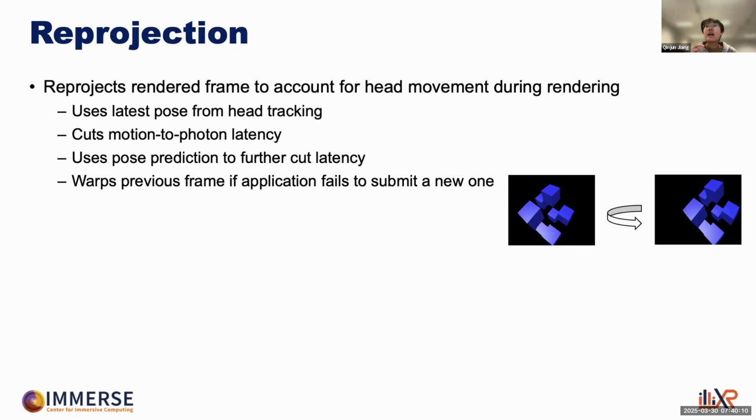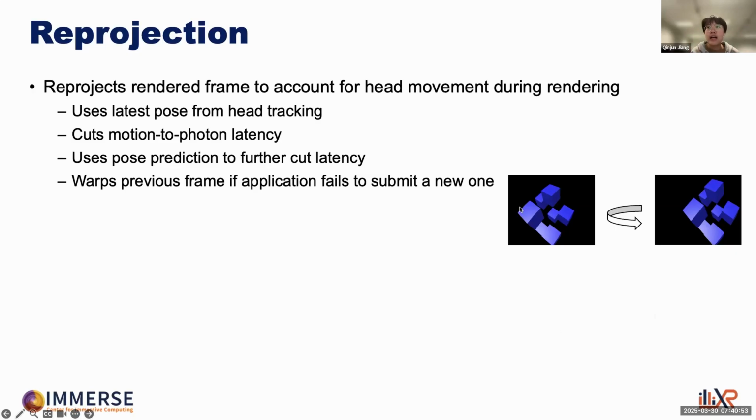If you still directly present the rendered frame to the user, that will not match the user's current point of view and perspective, and so the experience will not be perfect. Instead, what we can do is called reprojection, which takes the latest pose from the head tracking pipeline, that represents where the user's head is right now, and transforms the rendered frames to account for the user's current position and orientation.